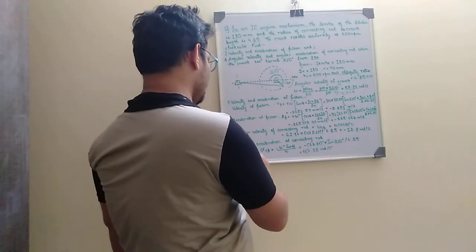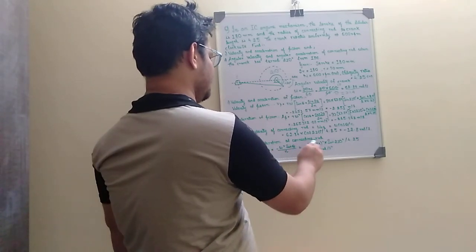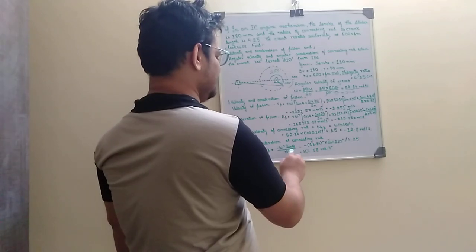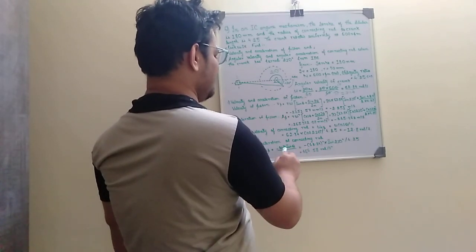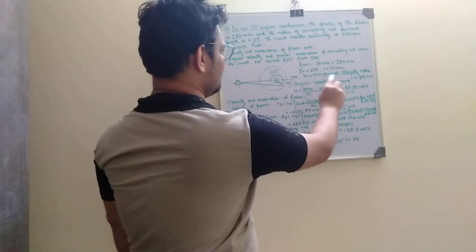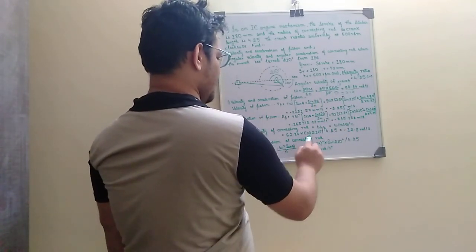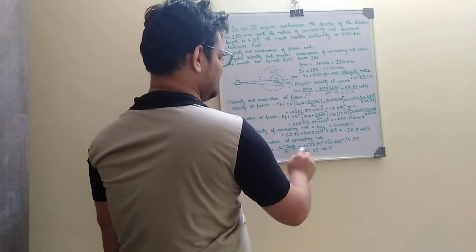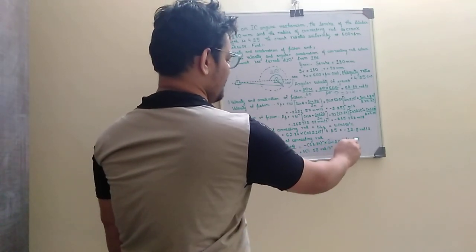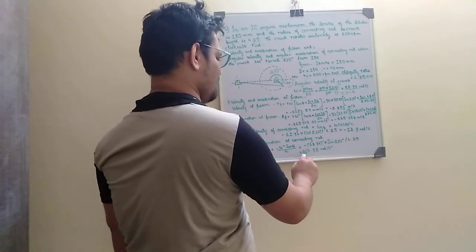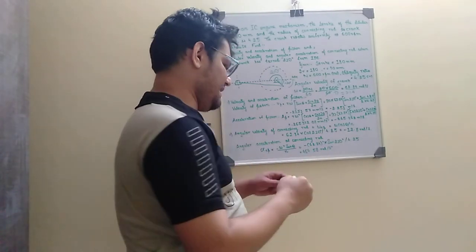Same thing for the angular acceleration of the connecting rod, alpha CP equals minus omega square sine theta divided by n. So minus 62.84 squared into sine 210 divided by 4.25. If we calculate this on a scientific calculator, we get 464.58 radian per second square.